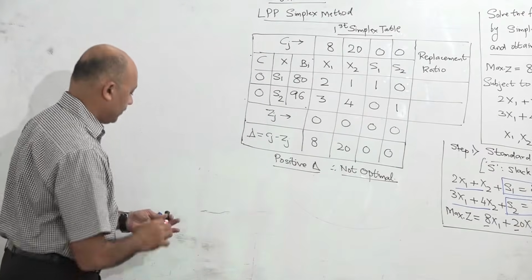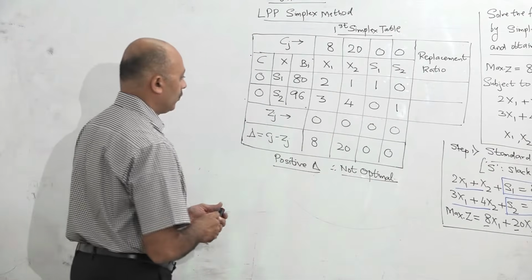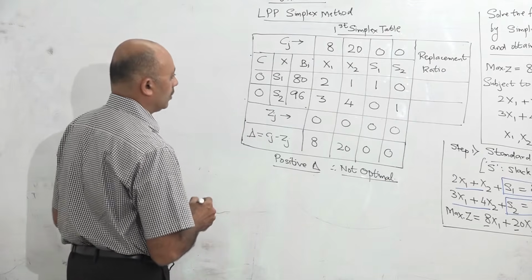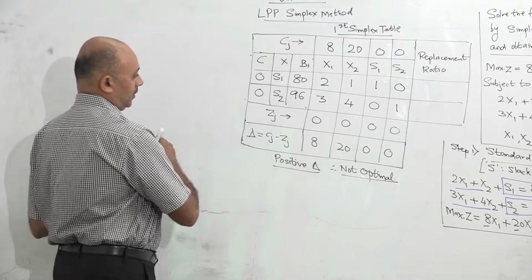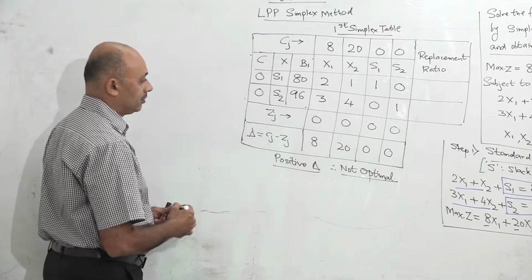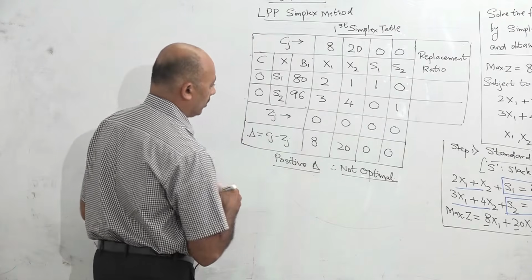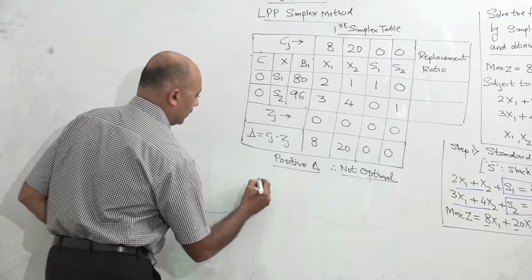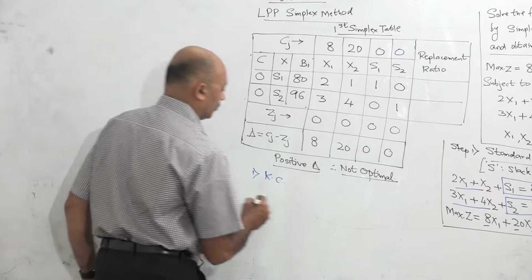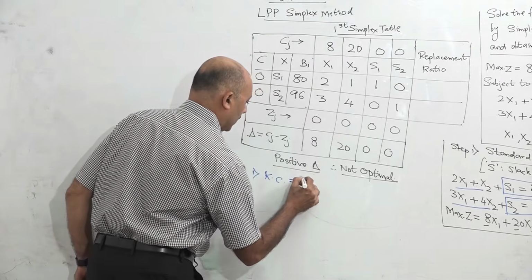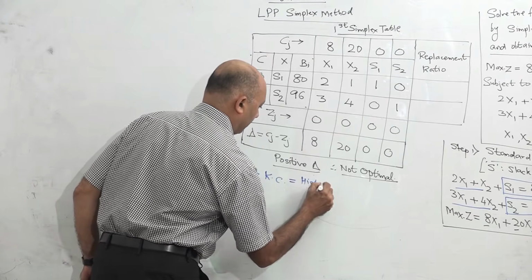So now for that, we first identify the key column. It means this table will now change and a new table will come. Now what will the changes be? It depends on the key column. What is the key column? That is what we call KC. So first is the KC calculation, and the key column is the highest positive delta.